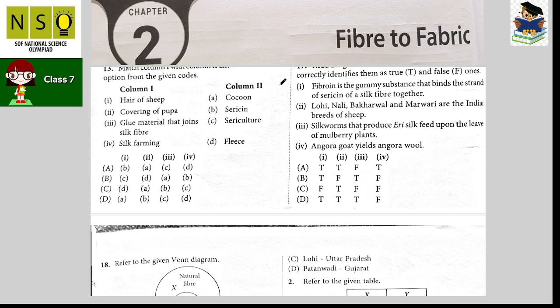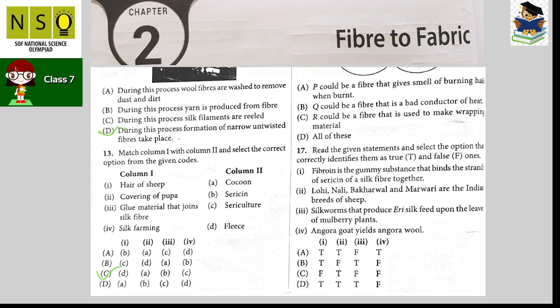So we have to make a correct code from this, and the correct code is C. That is, hair of the sheep is fleece, covering of pupa is cocoon, glue material that joins silk fiber is sericin, and silk farming is called sericulture.